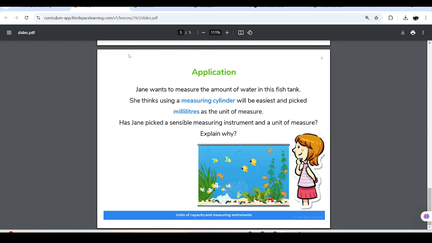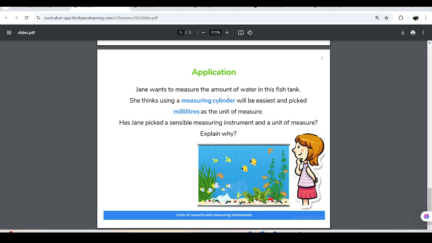Read this one. Application: Jane wants to measure the amount of water in the fish tank using a measuring cylinder and picked milliliters as a unit of measure.